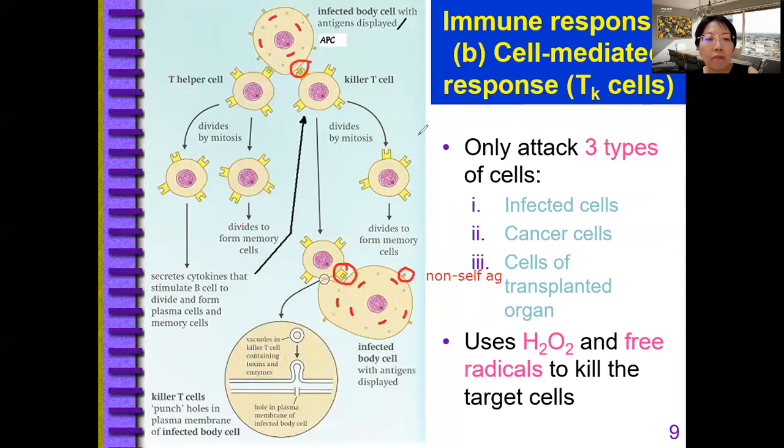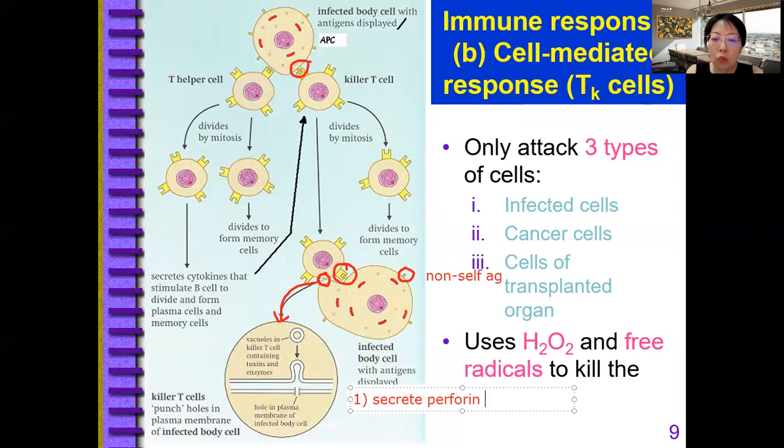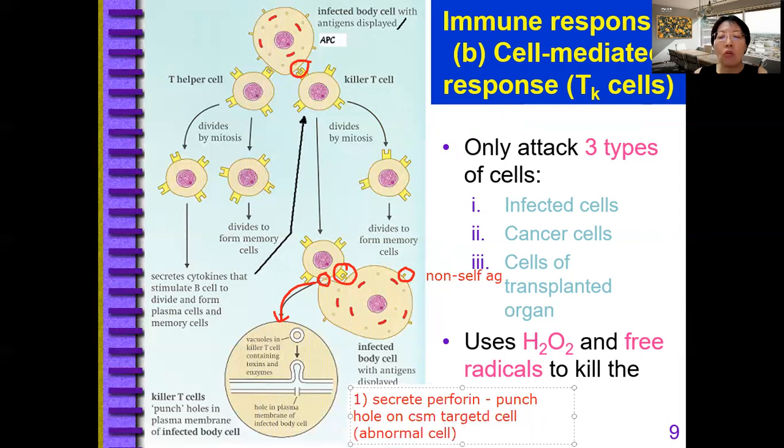After binding, what it will do, as enlarged in this diagram, is step number 1: it will secrete perforin, which is a group of protein molecules that will punch a hole on the cell surface membrane of the targeted cell, which is the abnormal cell that it has already bound to.